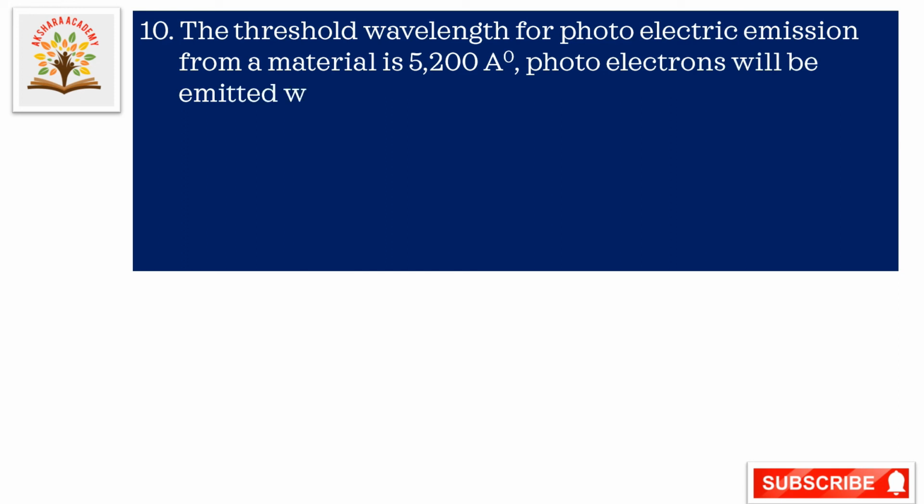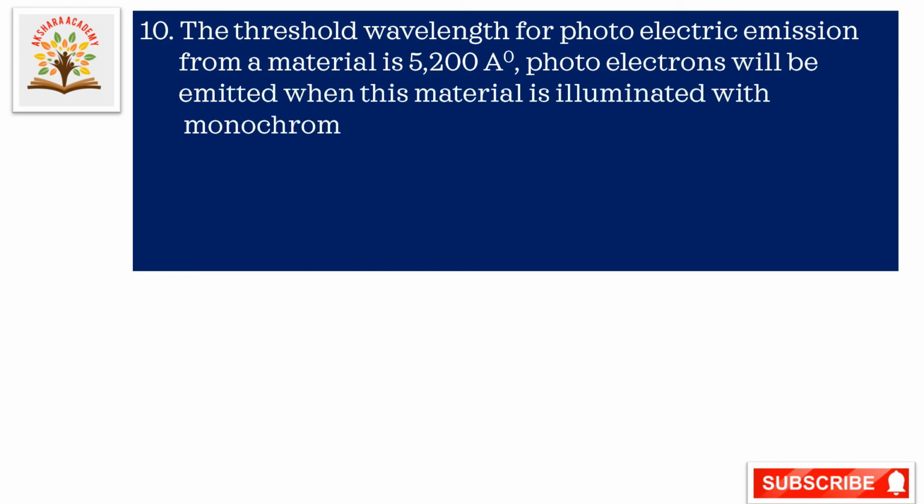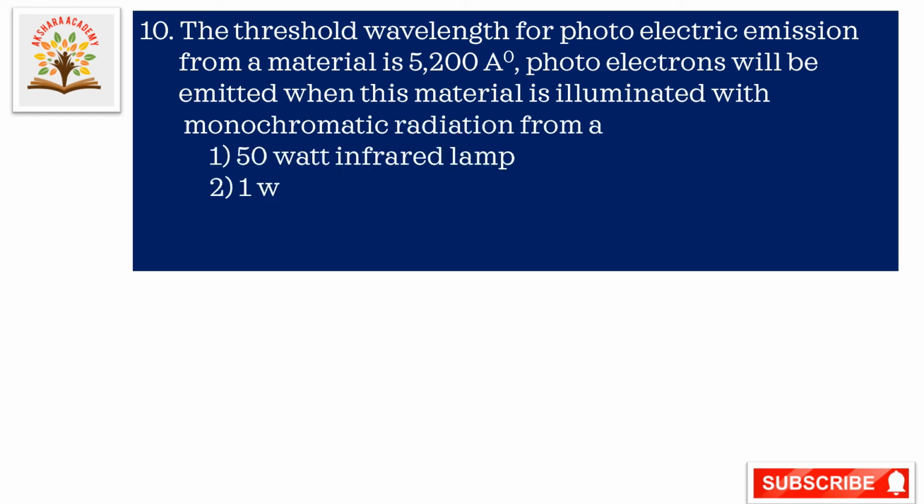In this question they given lambda naught, that is 5200 Armstrongs, the threshold wavelength. So here we have to select which option is correct. Now let us go to the solution.